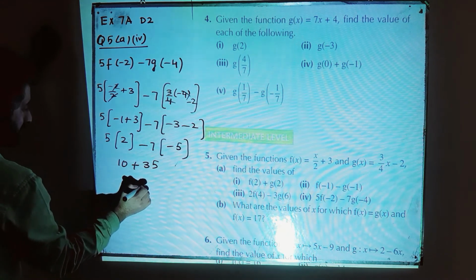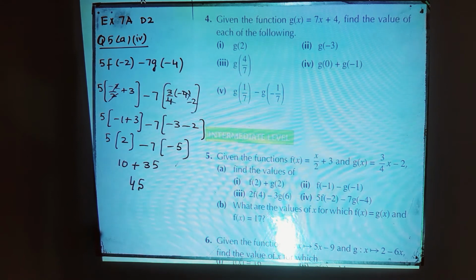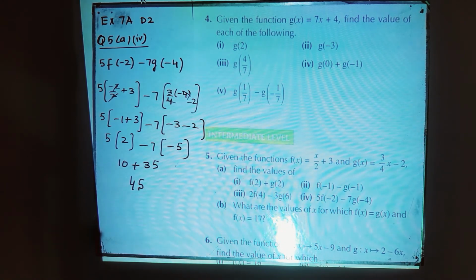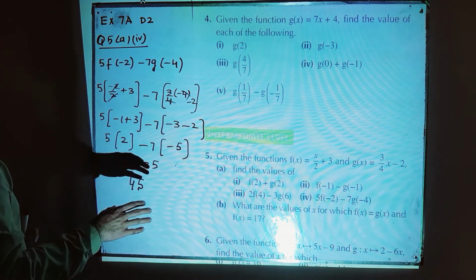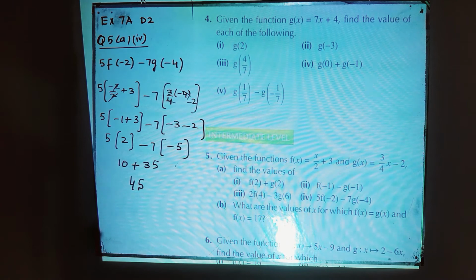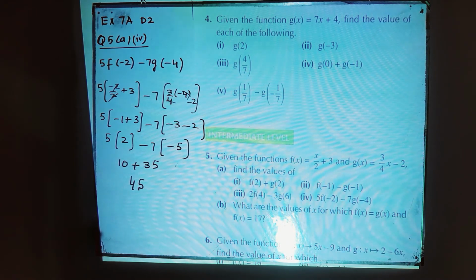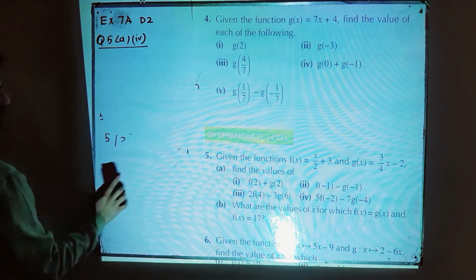So your answer is 45 for part number 4. And then we have the last part, what are the values of x for which f(x) is equal to g(x) and f(x) is equal to 17.